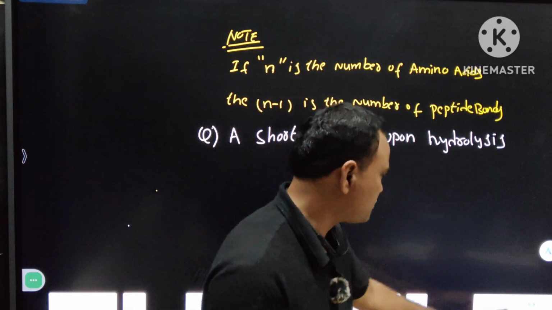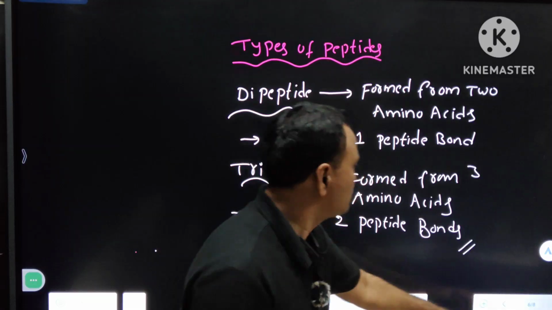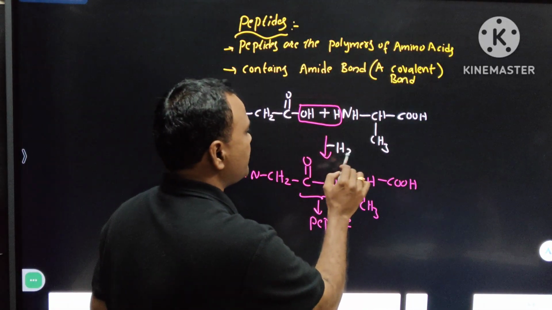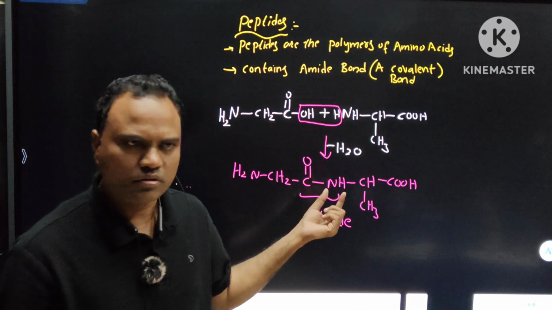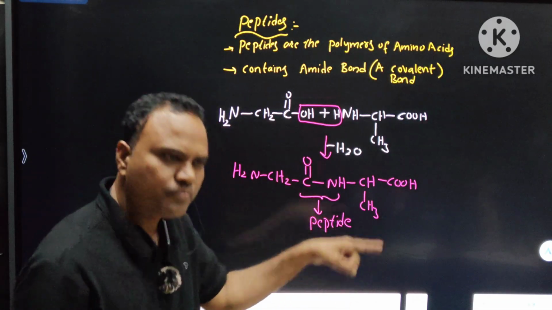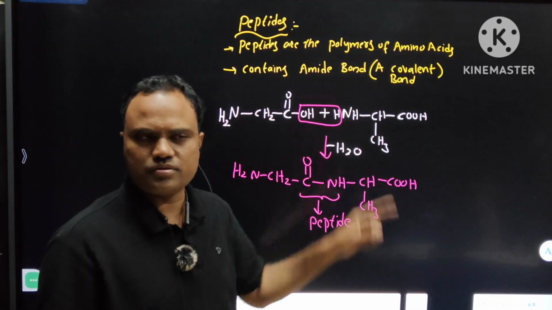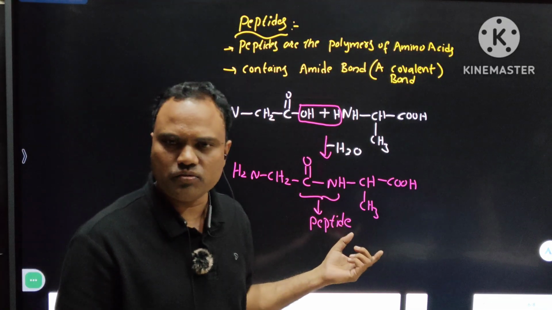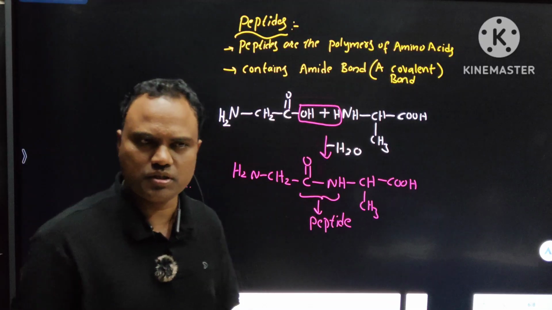Reverse. We are removing water here, right? Did you write minus H2O over there? What happens if we add water? We'll get amino acids. Hydrolysis of peptide gives individual amino acids.